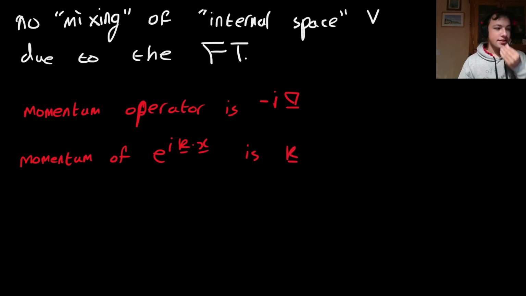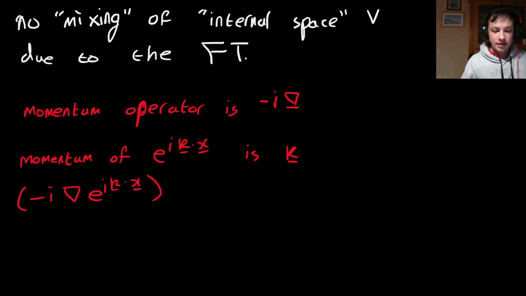Because we differentiate and we get down ik, then we have the minus i, that's going to get rid of the i, and we're left with k times e^(ik·x). So minus i grad e^(ik·x) equals k e^(ik·x).